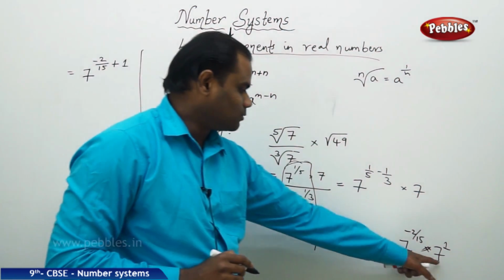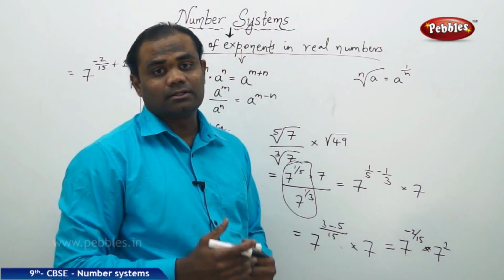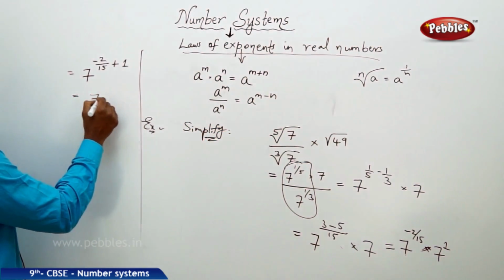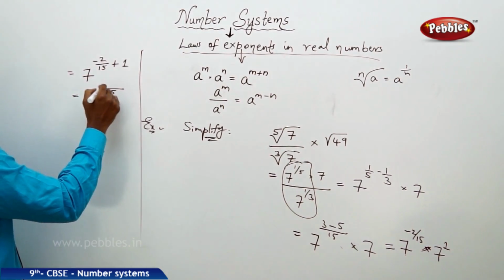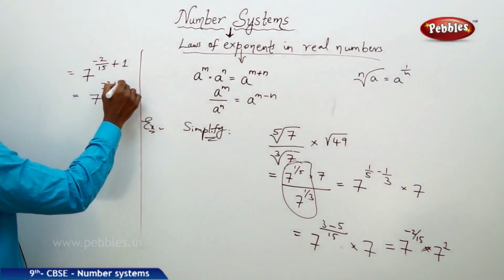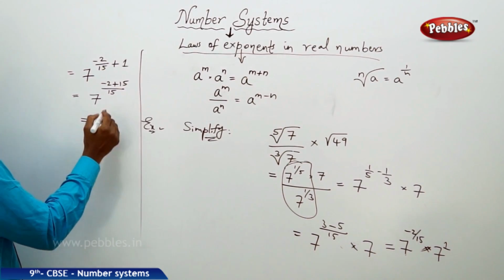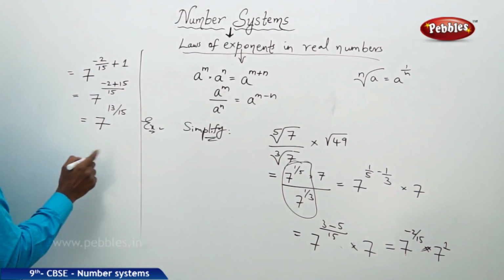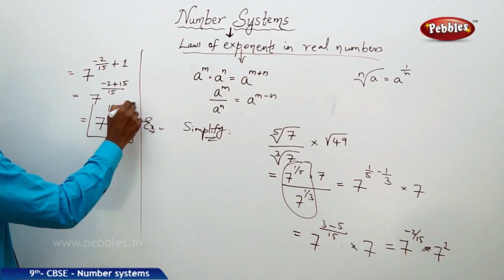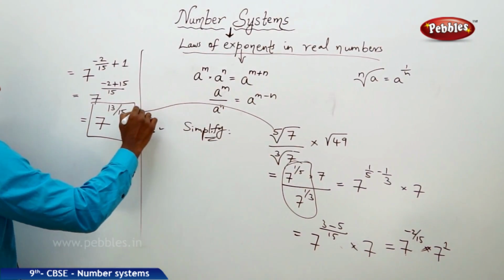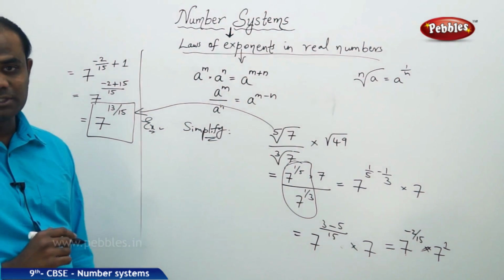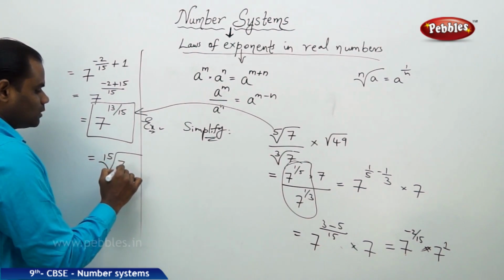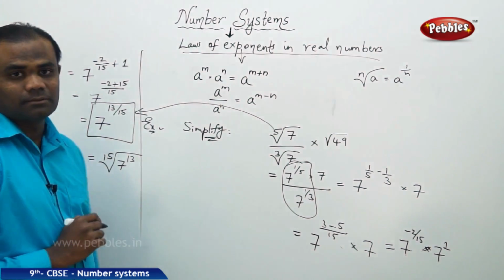When the two bases are equal, the powers are added in the product, which on further simplification gives minus 2 plus 15 over 15, which gives 13 over 15. And therefore my complete simplified answer to this problem is 7 power 13 by 15, or this can also be written as the 15th root of 7 power 13.